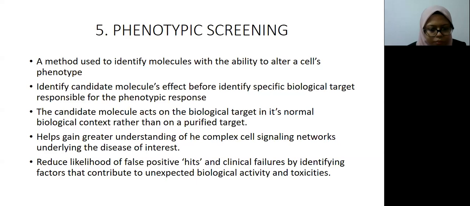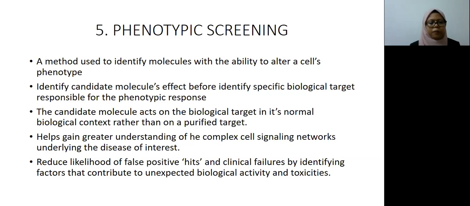The key benefit of this approach is that it has the capacity to capture complex biological mechanisms that are not otherwise achievable.